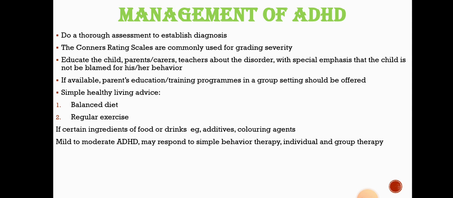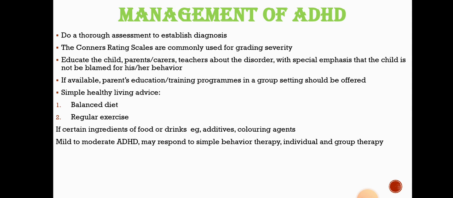And regular exercise, we have to encourage the children to do exercise, because in the etiology we have seen the abnormal secretions of dopamine, serotonin levels and noradrenaline levels. So if you do regular exercise, the levels will be maintained normally.